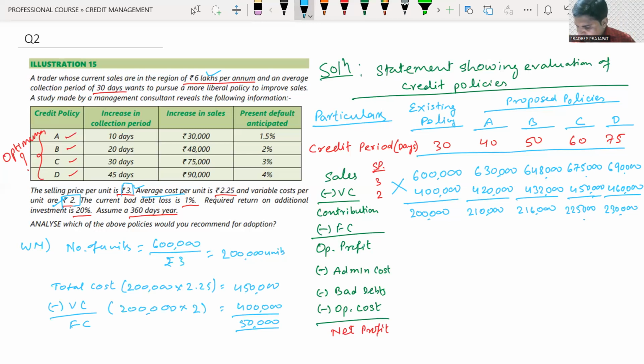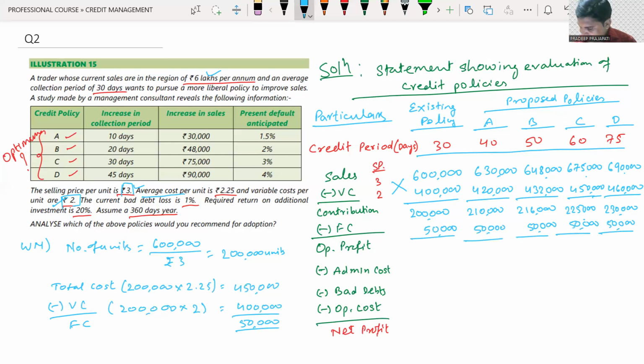So here fixed cost will be 50,000 and fixed cost remains fixed at all levels of production. So you can write this fixed cost in all the columns. Now deduct fixed cost, you will get operating profit.